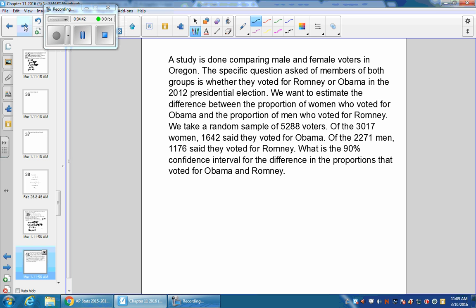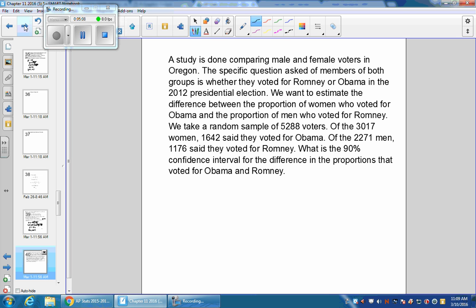All right, this next problem. A study is done by comparing male and female voters in Oregon. The specific question asked of members of both groups was whether they voted for Romney or Obama in the 2012 presidential election. We wanted to estimate the difference in the proportion of women who voted for Obama and the proportion of men who voted for Romney. We take samples of 5,288 voters.